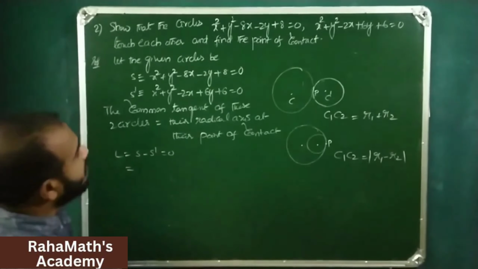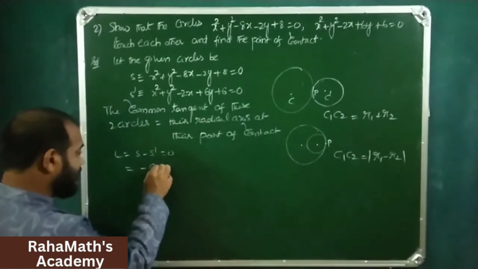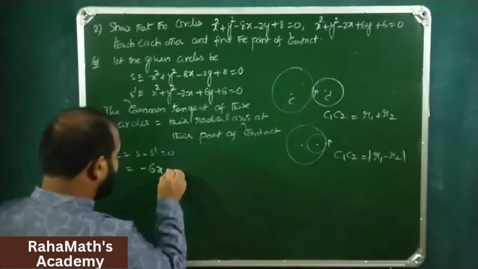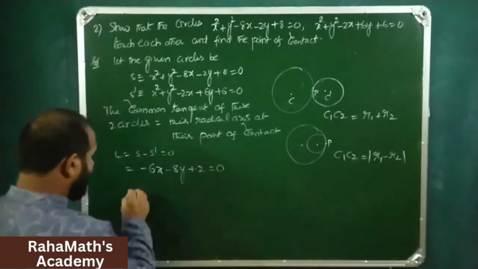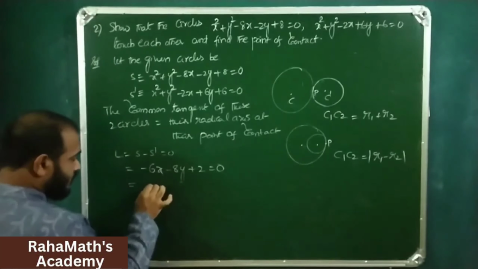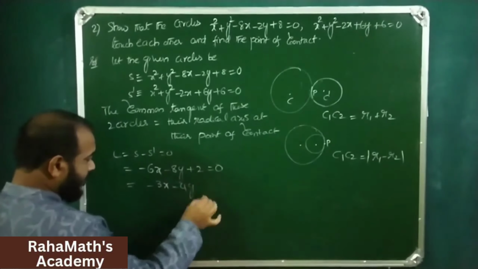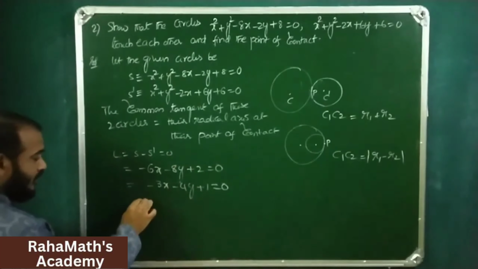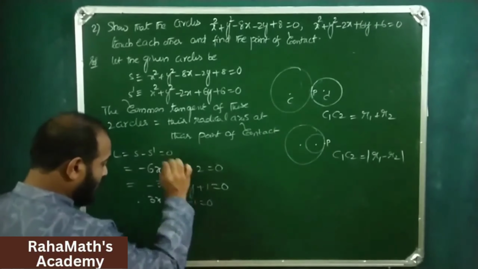This is minus 8x plus 2x minus 6x minus 2y minus 6y minus 8 minus 6 plus 2 equals 0. Take 2 in common, so that is minus 3x minus 4y plus 1 equals 0. If you take minus in common, 3x plus 4y minus 1 equals 0.